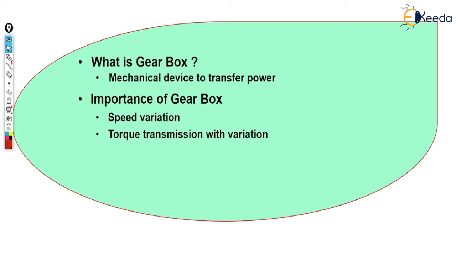If we take the example of a two-wheeler or four-wheeler, we see that it has multiple gears. A four-wheeler has a reverse gear, and we have first gear, second gear, third gear, fourth gear, etc. As you change the gear, you get more speed. In first gear the speed is lower but the torque is greater.